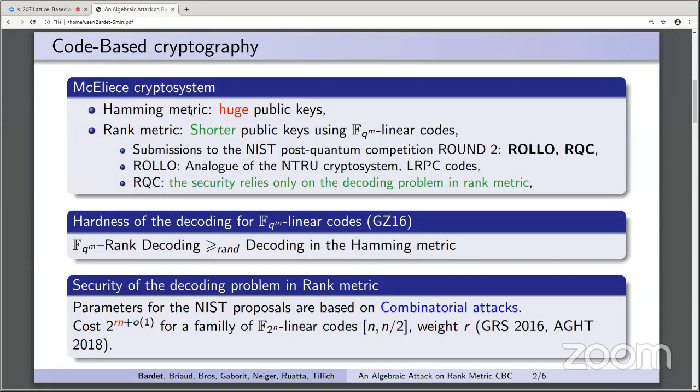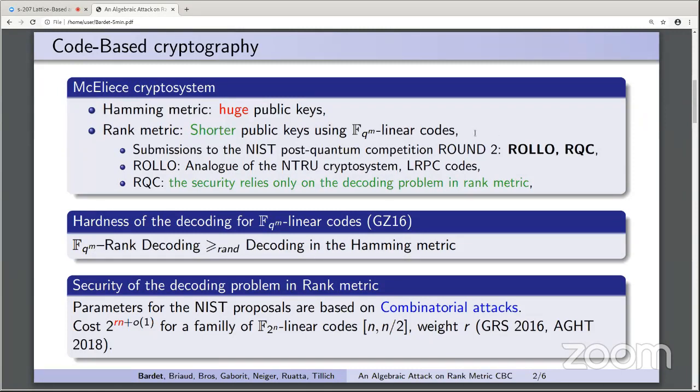And recently, a new metric appeared, the rank metric, and we can use error correcting codes in rank metric. The main benefit is that it generates shorter public keys when we use particular linear codes in rank metric that are called F_{q^m}-linear codes.